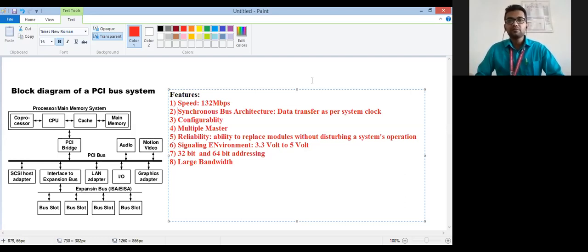Generally, your servers require the higher bit rate and higher bandwidth, so there you can use PCI X, but generally in your laptops and CPU, you are directly using the PCI bus only. So this is your peripheral component interconnect bus. So I hope it is clear.